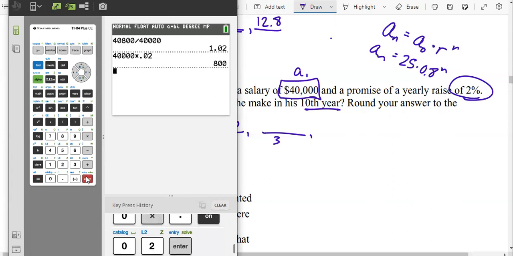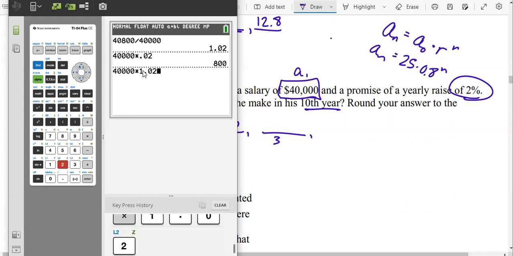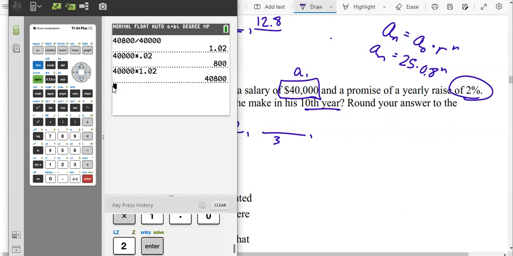That's his raise. It's not that he just gets 800 the next year. That would stink. We'll quit that job. He's going to make 800 more than he made the first year. So when we multiply, we actually need to multiply by 1.02, where the 1 gets him back his original amount, and the 0.02 is his raise on top of that. And then you can multiply by 1.02 again, and again, and again, and so on.